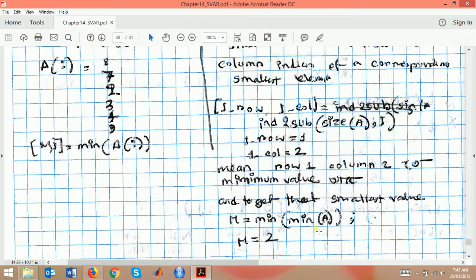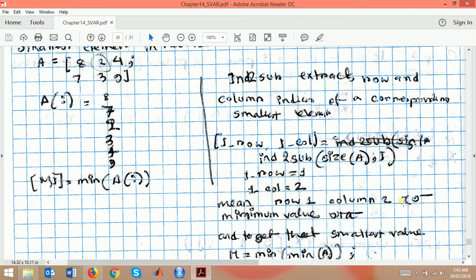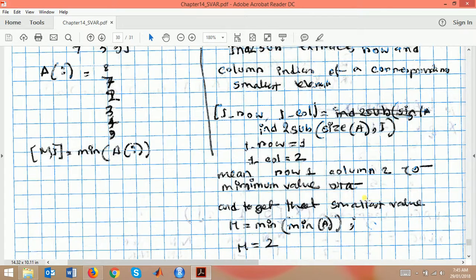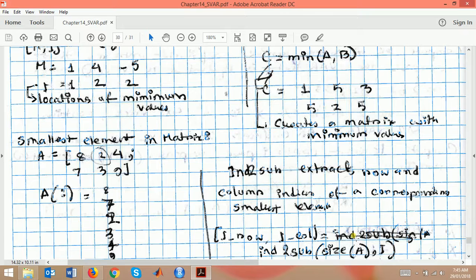That's all. And the min of a gives you the smallest element. So ind2sub with the size of your matrix and the index gives you where the location of the smallest value is.